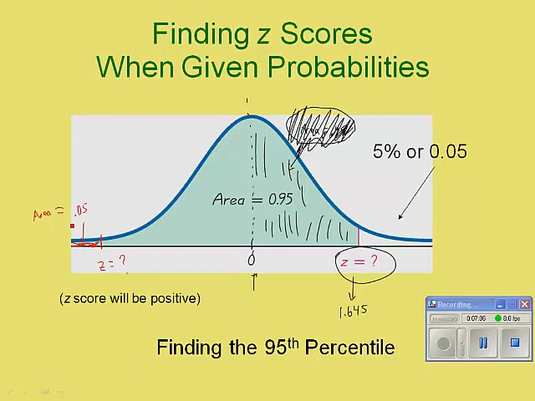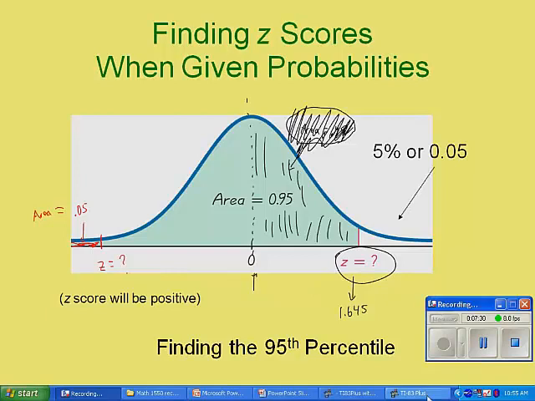Well, areas are always positive, right? But you're right, the z-score should be negative. If your area is less than 50%, your z-score should be negative. If your area is more than 50%, your z-score should be positive. Does that make sense? All right. So now let's go here.